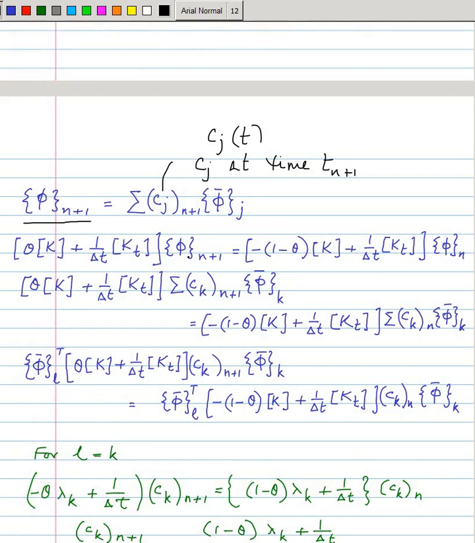Whether it numerically grows. If it grows numerically, then your solution is unstable.